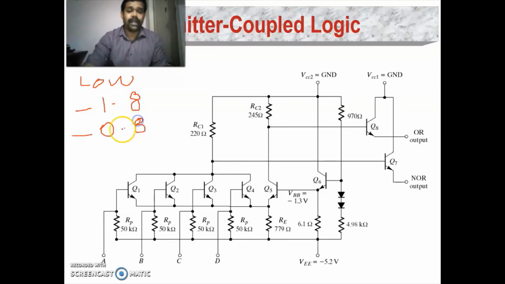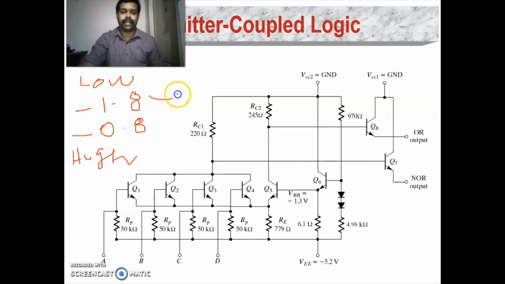So you remember, for low we will be giving the input minus 1.8, and for high we will be giving minus 0.8.